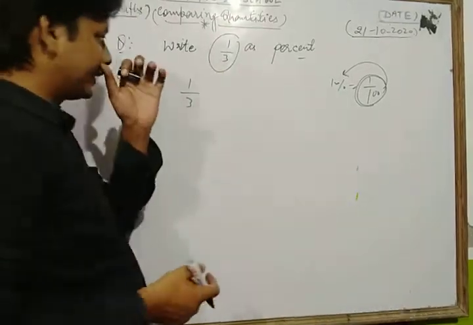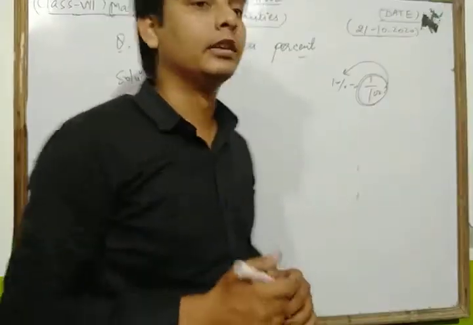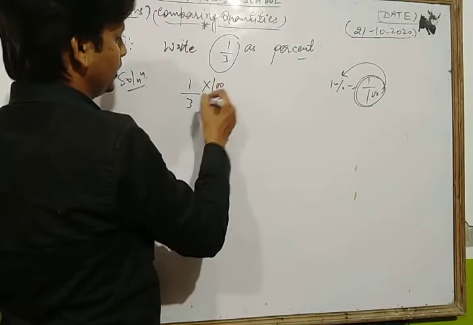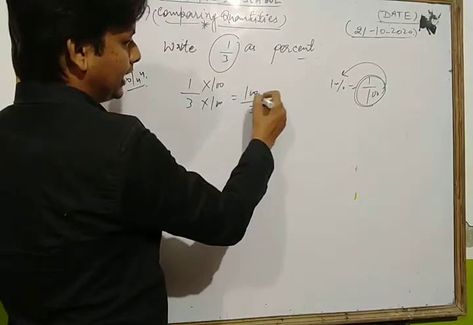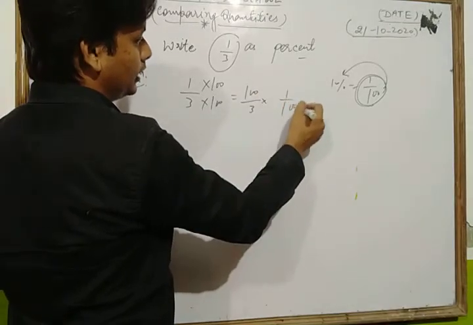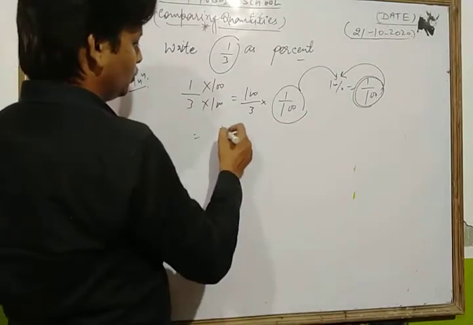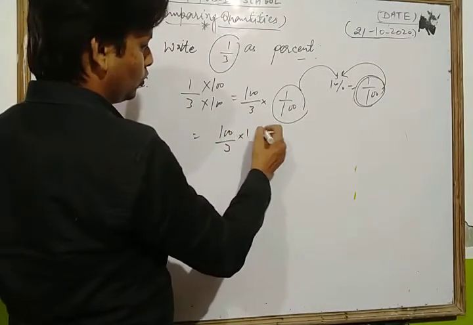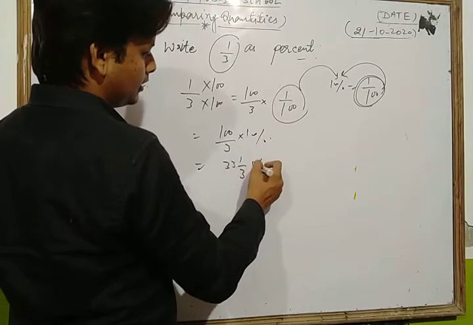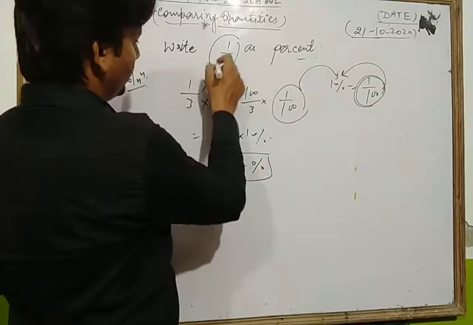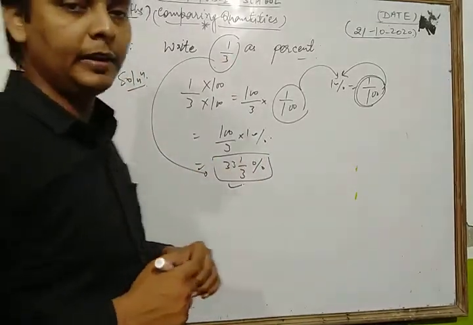After that we multiply both the numerator and denominator by 100, like this. We write 100 upon 3 as it is, and 1 upon 100, and you know that 1 upon 100 means 1%. So we can write 33 1 upon 3%. So 1 by 3 written as a percentage is 33 1 upon 3%.